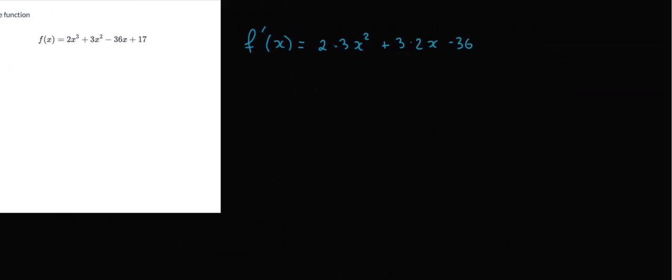So this is our derivative. Let's simplify it: 6x squared plus 6x minus 36.